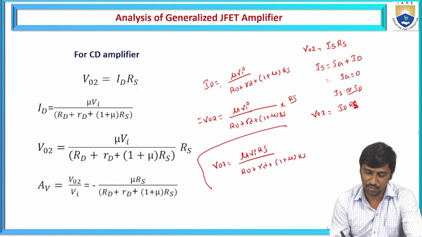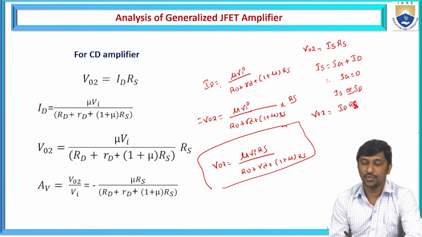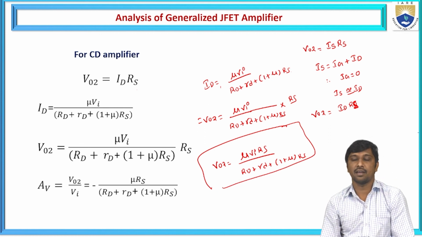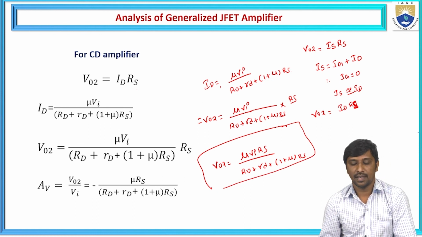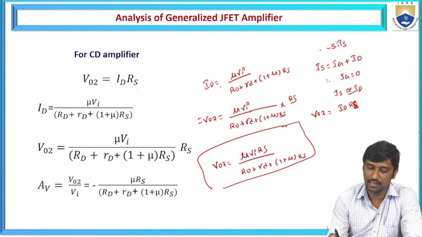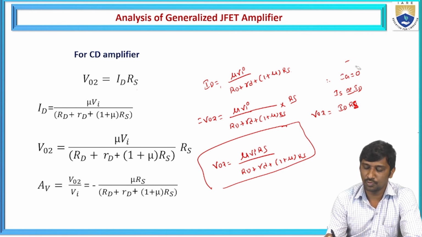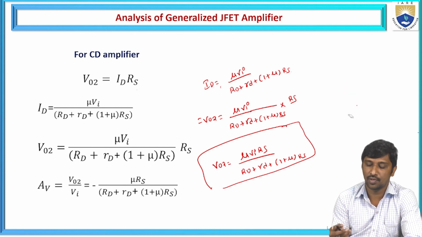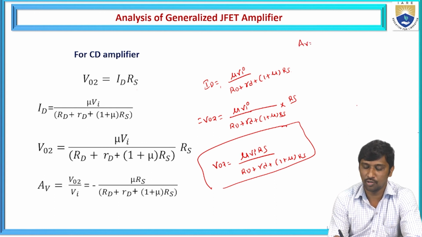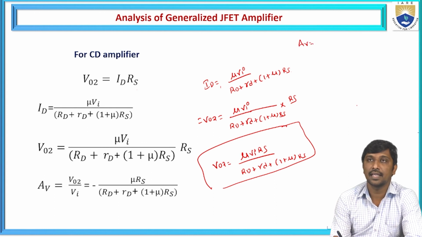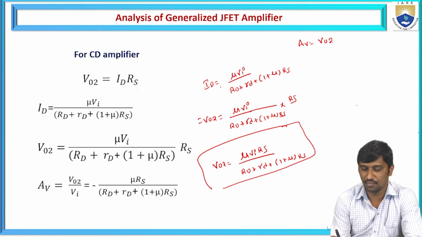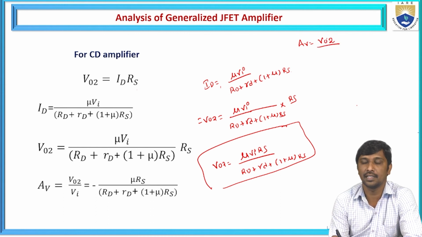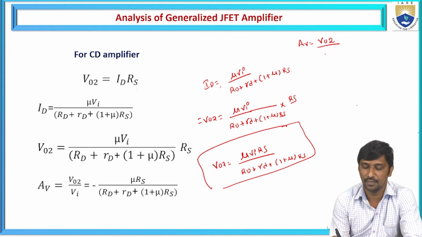Now if you want to define the gain parameter, it is again defined as the ratio of output voltage to input voltage. If you observe this generalized model, the output voltage is taken from the source, hence it is represented as VO2. The input voltage is passing through the gate, represented as Vi.